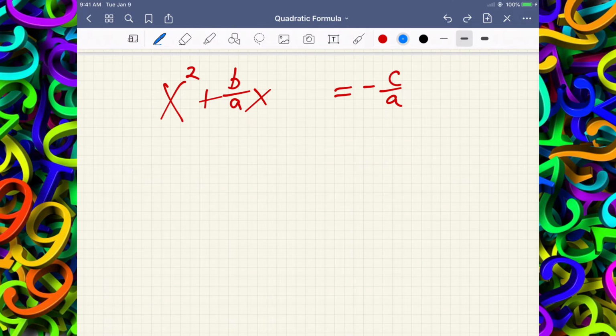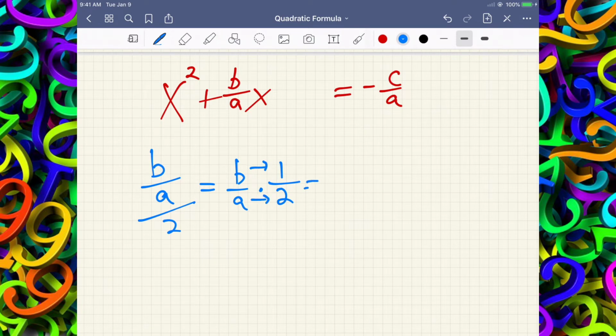So what is half of that? So let's take b over a and cut it in half. And let's just simplify this complex fraction a little bit. So that's b over a times the reciprocal of 2, which is 1/2. And let's multiply, and we get b over 2a.